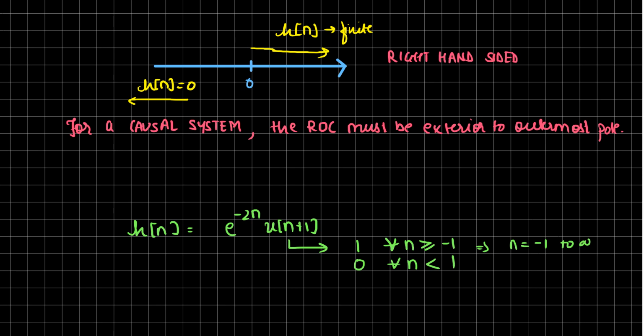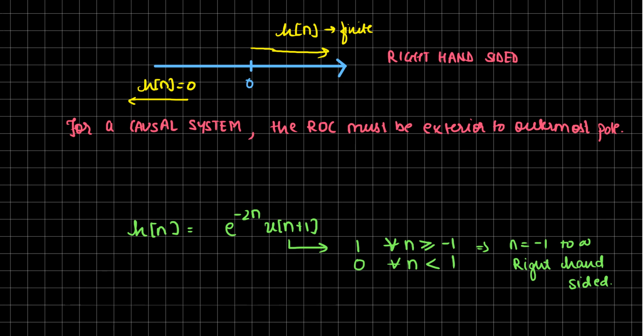Therefore, this impulse response is again right hand sided, and therefore its region of convergence will be again exterior to the outermost pole.